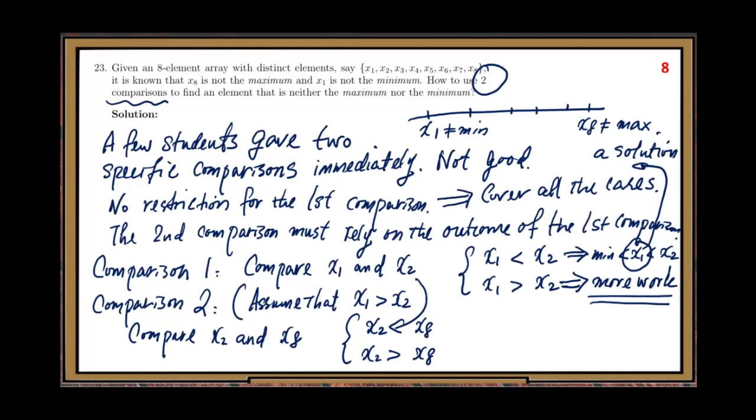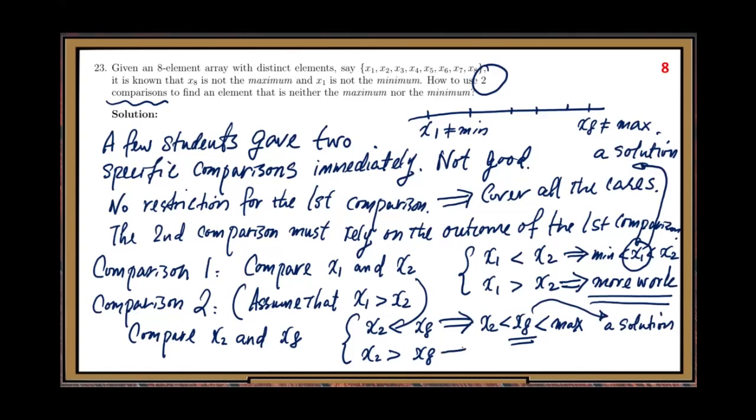In the first case, x2 is less than x8, and x8 is less than the max, given by the condition. So in this case, x8 is the solution.